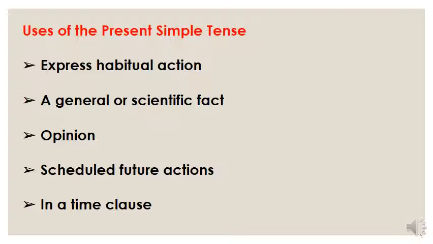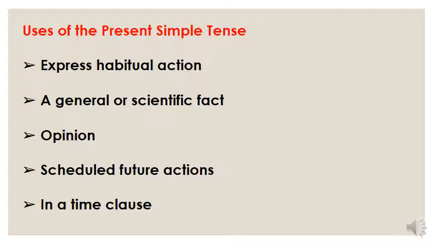Now we are going to remember together the uses of the present simple tense. The present simple is used to express habitual actions, actions that we always repeat, maybe daily, weekly, monthly, yearly, actions that we are used to doing. It's also used to express general or scientific facts, real facts. It is used to express opinions.